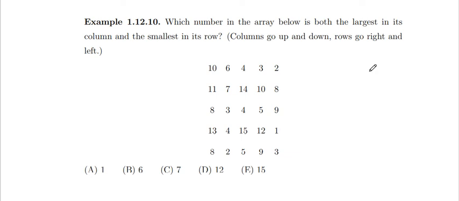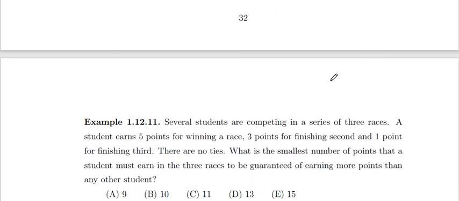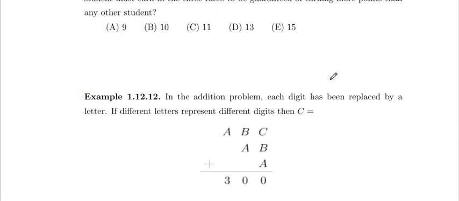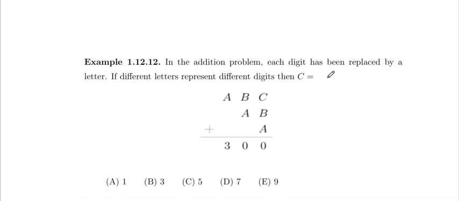So for this one, it's not the largest in the column, right? So we just choose one. One is the largest in the column. For this one, this is column 2, so this is the largest. So this is the largest in the column and the smallest in the row. So this is okay, this one. So those problems are just simple observation. We just check it.